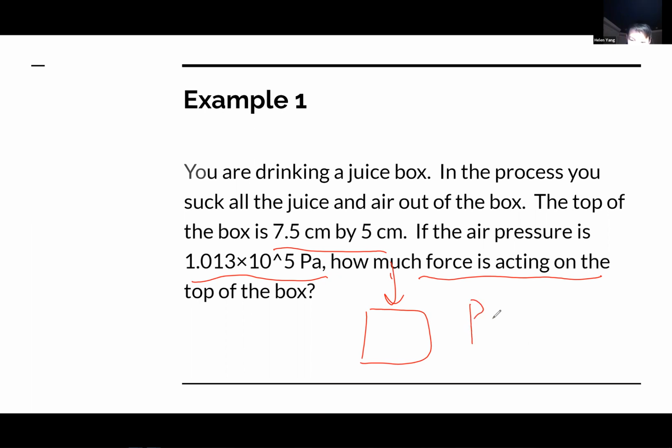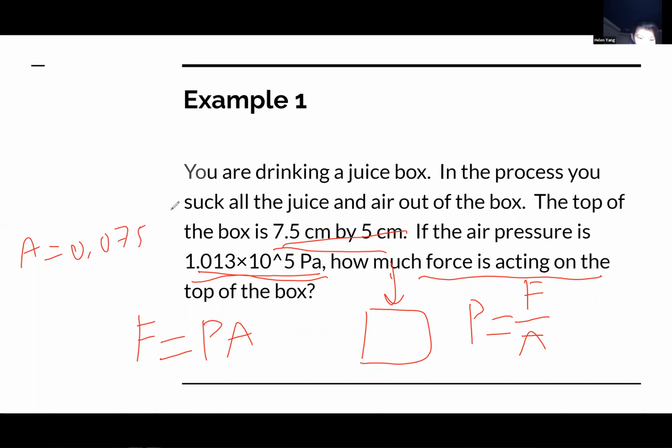And you would use the equation pressure is equal to force divided by area. So trying to find the force, it would be pressure times the area. And you know the pressure and you know the area. So the area would be 0.075 meters times 0.05 meters.